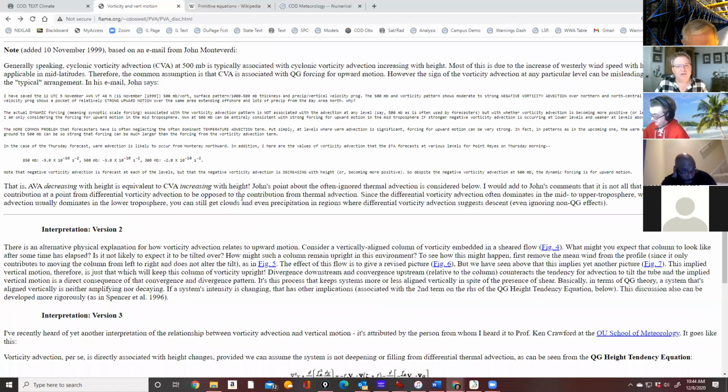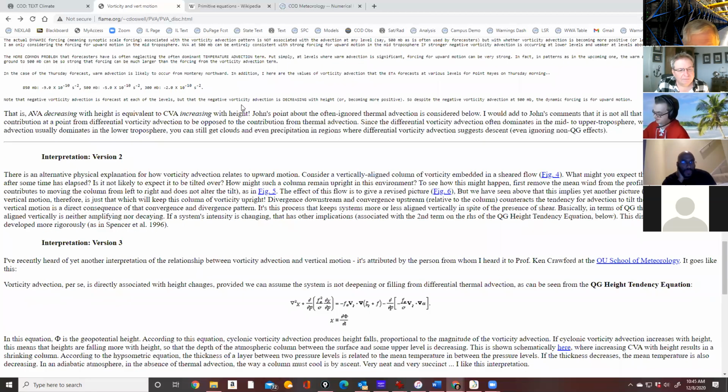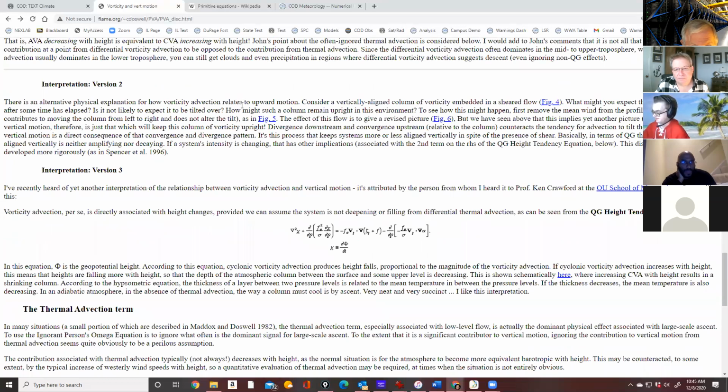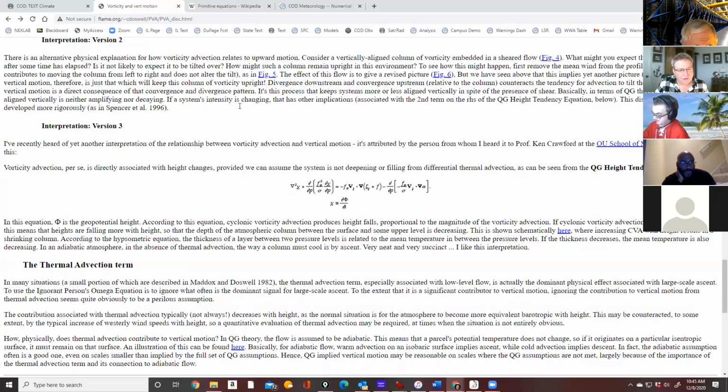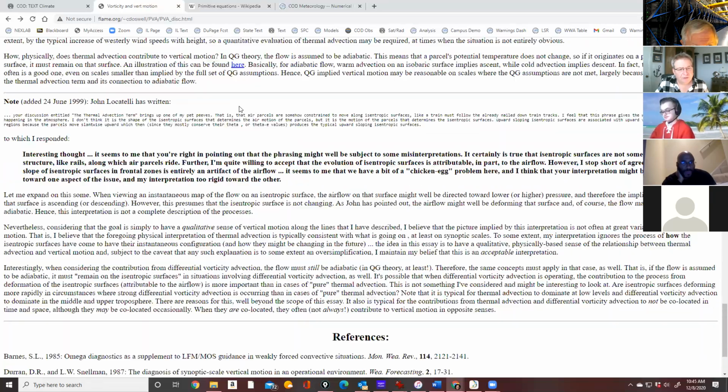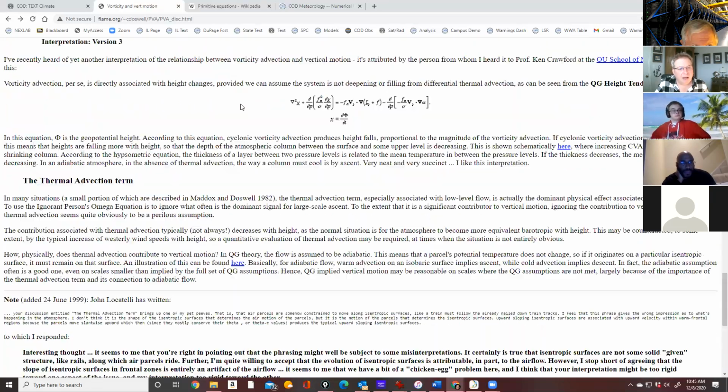So what I need you to do is read the rest of this stuff. If you just go to flame.org, you should be able to get this stuff.